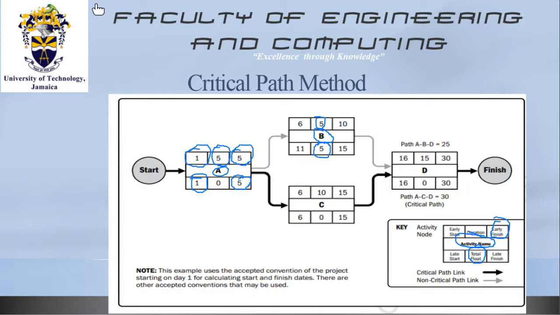So these zeros that you're looking at here, and I'm going to show you how you get these zeros, are suggesting that you have no slack, no float, and so they sit on the critical path of your project, so you cannot play around with these activities.